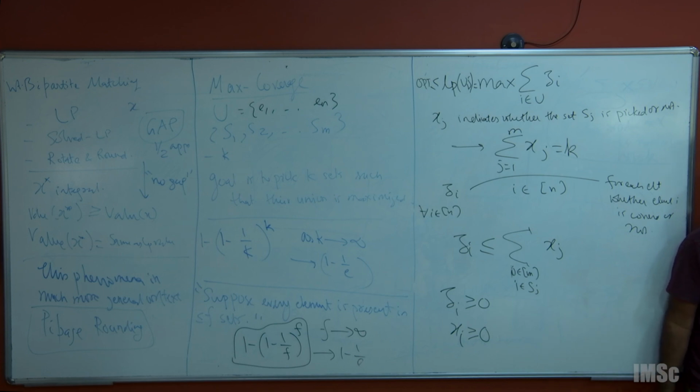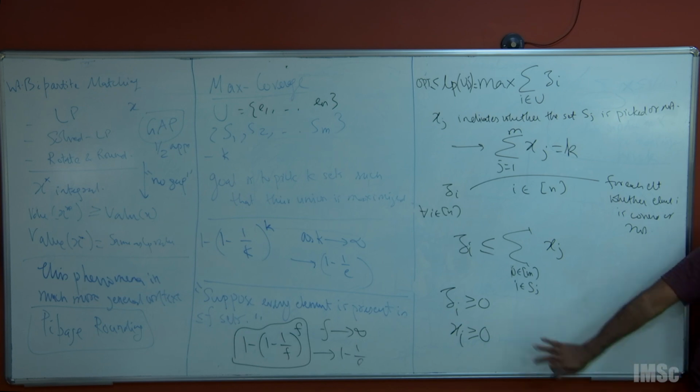For the ILP formulation, xj and zi were 0 or 1. Correct. When you make it an LP, why is it only greater than or equal to 0, why not also at most 1? I don't care. It automatically will be. Why should I force any other constraint?